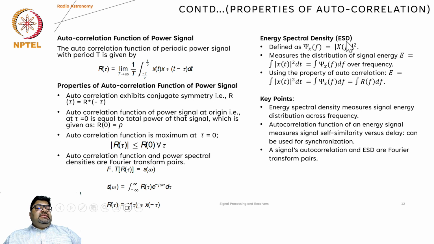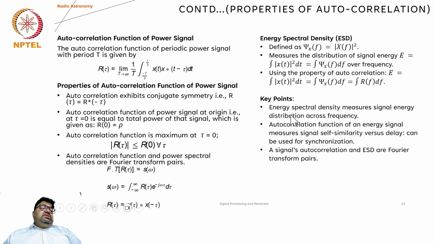Energy spectral density, ESD, is defined as |X(f)|². This measures the distribution of the signal energy over frequency. Using the property of autocorrelation, the integral of |x(t)|² dt is equal to the integral of psi(f) df, which is equal to the integral of R(f) df.